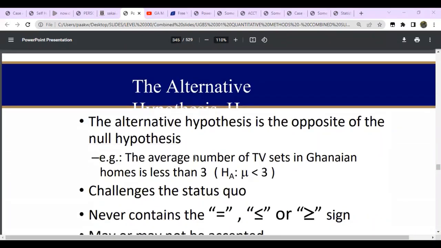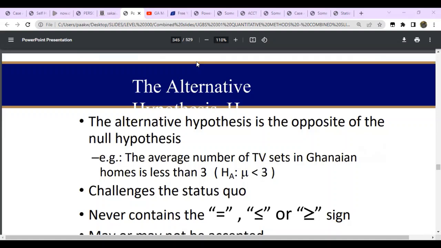Now let's move on to the alternate. The alternate is the opposite of the null hypothesis. It challenges the status quo. Simply, it challenges the null hypothesis. So if the status quo or the null hypothesis is saying the average number of TV sets in a Ghanaian home is at least 3.